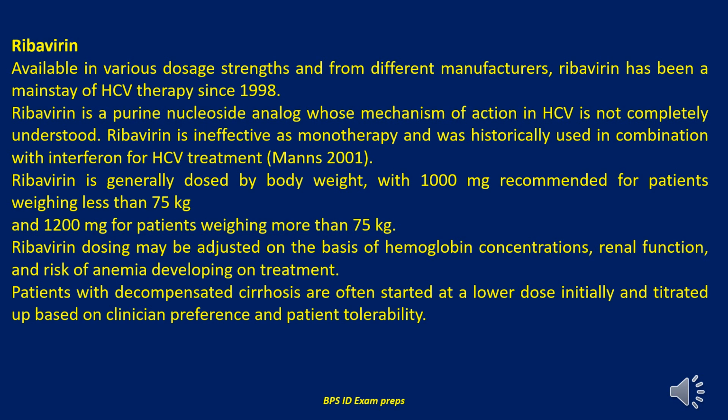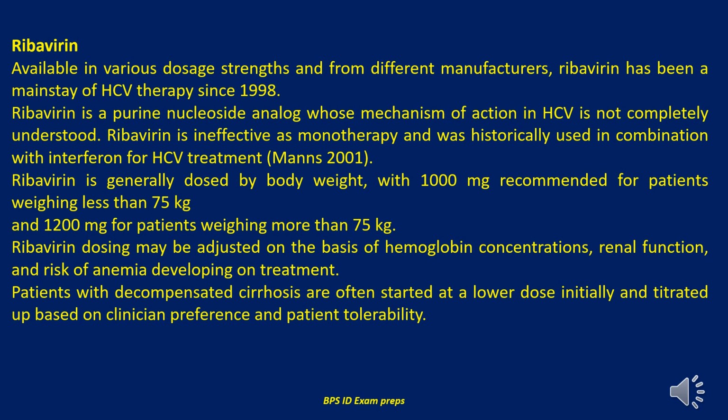Ribavirin is ineffective as monotherapy and was historically used in combination with interferon for HCV treatment, according to Manns 2001. Ribavirin is generally dosed by body weight, with 1,000 mg recommended for patients weighing less than 75 kg and 1,200 mg for patients weighing more than 75 kg.